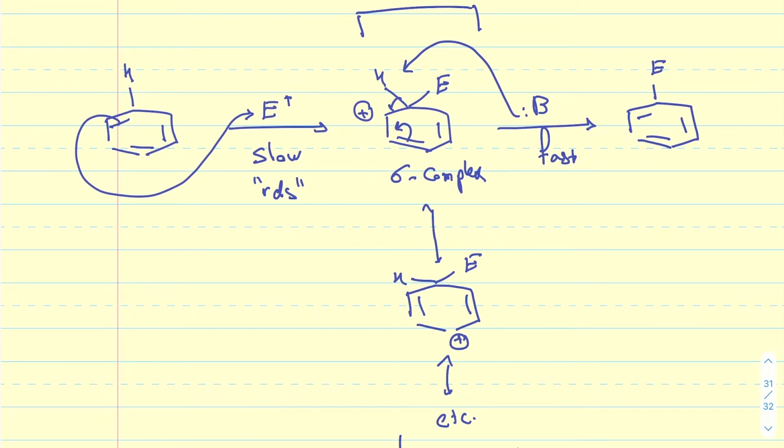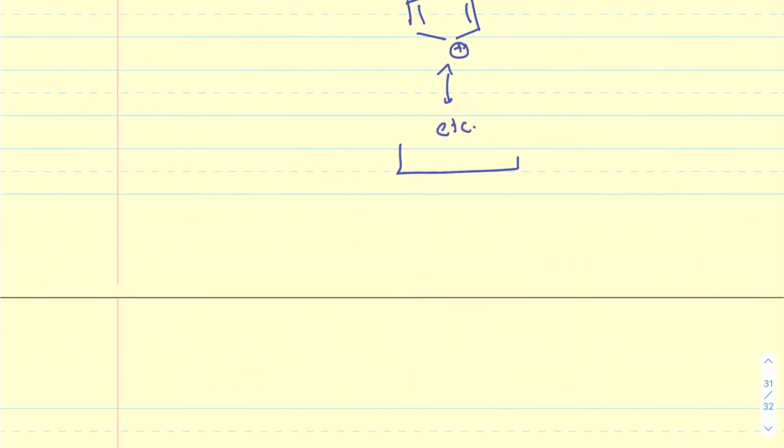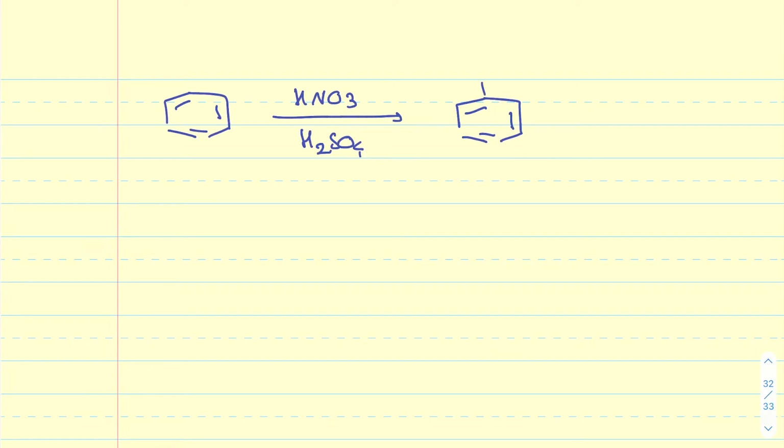Now, what is an actual example of an electrophilic aromatic substitution? An example is, for instance, nitration of benzene, where you react with HNO3 and H2SO4 to form nitrobenzene, or react with Br2 in the presence of FeBr3 to form bromobenzene.